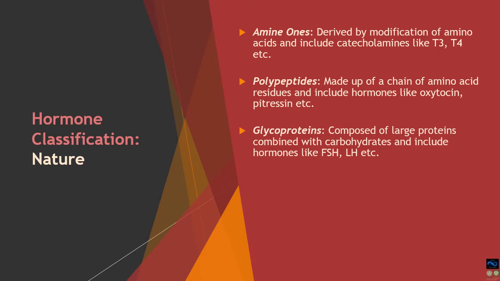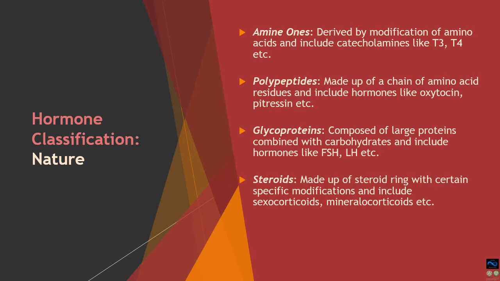Third category is the glycoprotein hormones. They are composed of large proteins combined with the carbohydrate moiety, and usually include the follicle stimulating hormone and luteinizing hormone. Fourth category, which is important, is the steroid hormones.